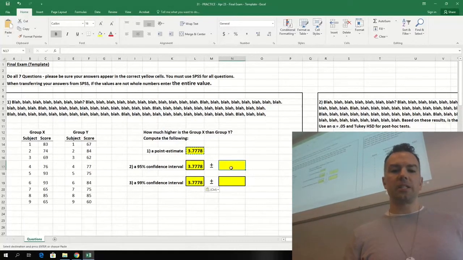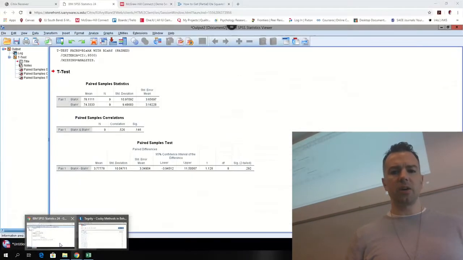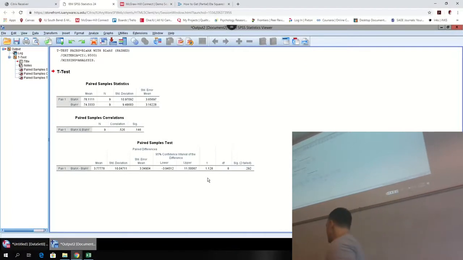So now we got our point estimate. So now we have to find out those arms. So the way that I typically would do this is you have your center, which is at 3.78. That's your point estimate. And then we go to those two numbers there, 95% confidence interval of the difference.